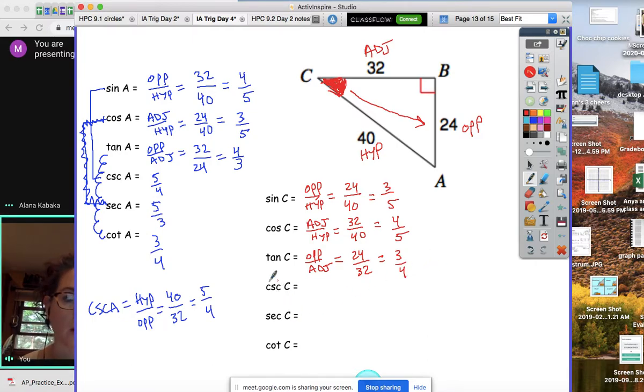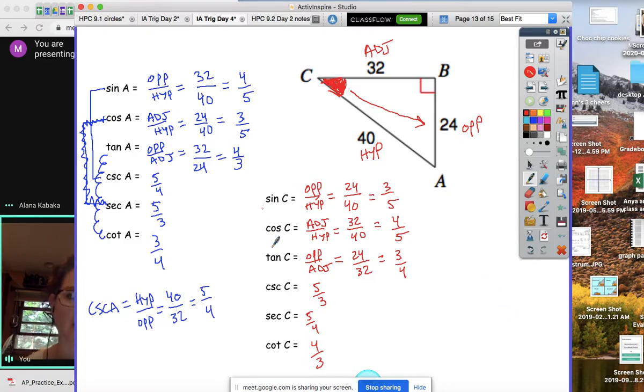And then for the rest of these guys, just remember cosecant is sine flipped. So take 3/5, flip it, you get 5/3. Secant is cosine flipped. So take 4/5, flip it, you get 5/4. And then cotangent is tangent flipped. So take 3/4, flip it, you get 4/3.